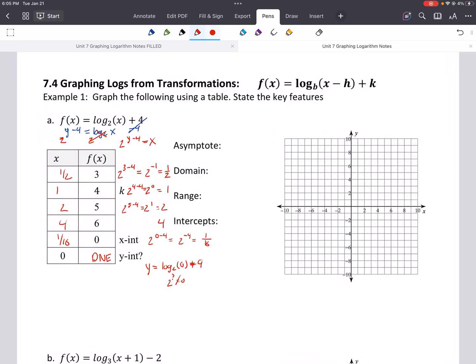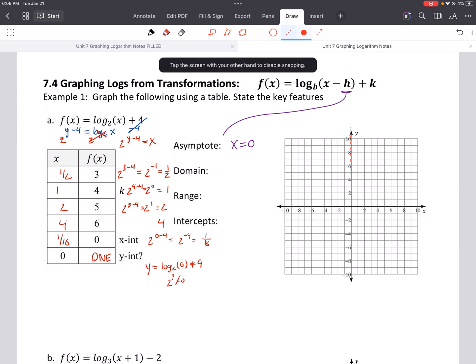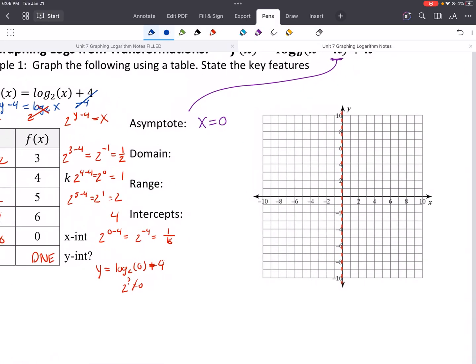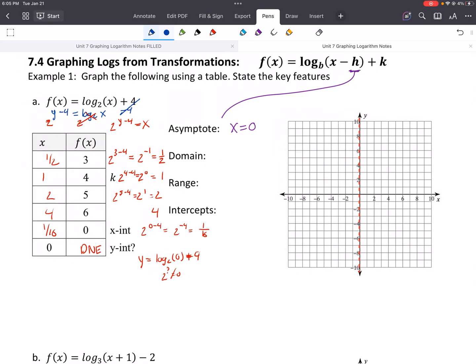So our asymptote, we should know that right away. It's just our h. So here it's 0, so x equals 0. We could probably sketch that right now, and we'll plot all the other points. So here we have at 1/2, it's 3.